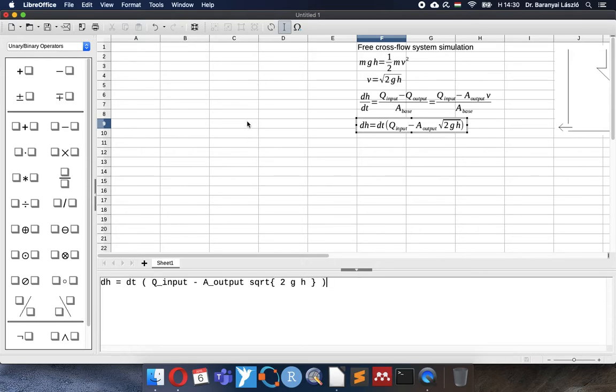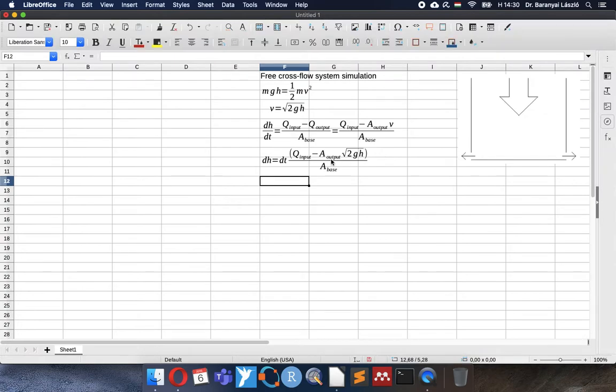I combined all previous equations all together, and everything is over the base area. So now we have the final equation.